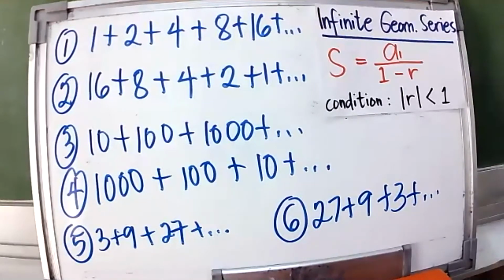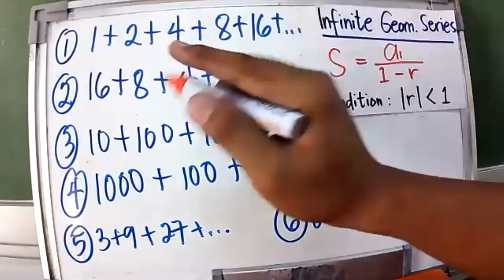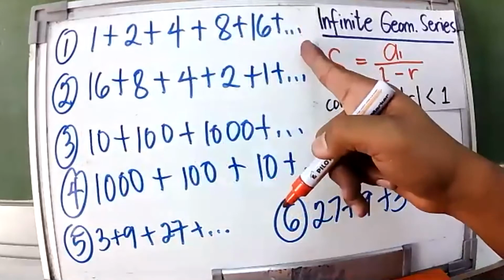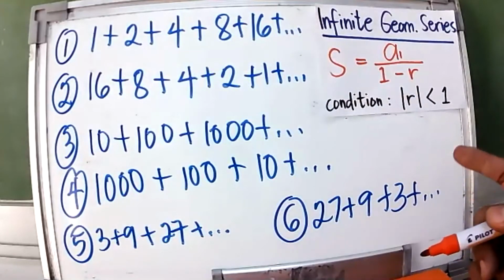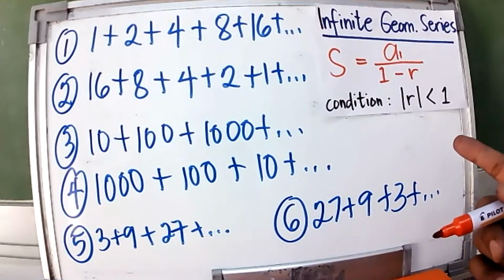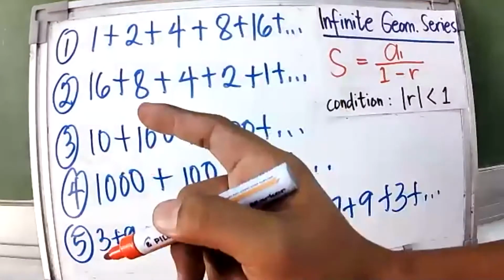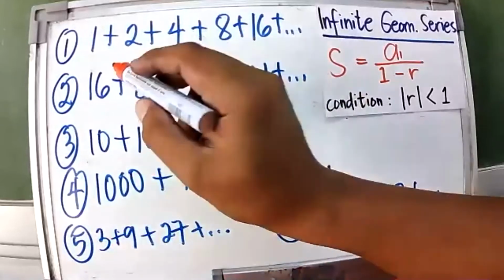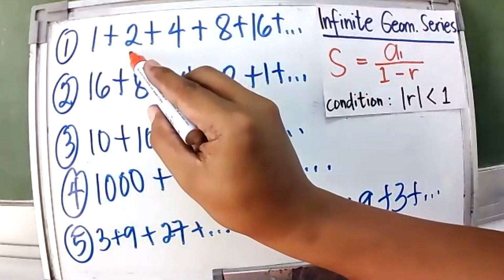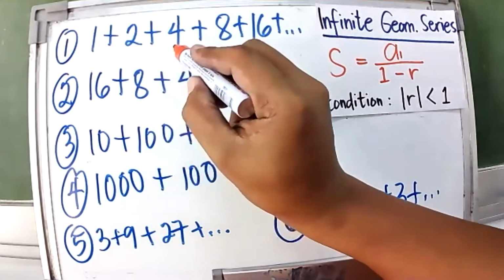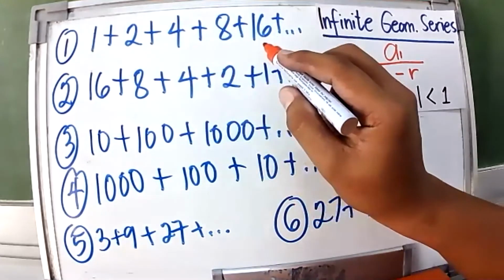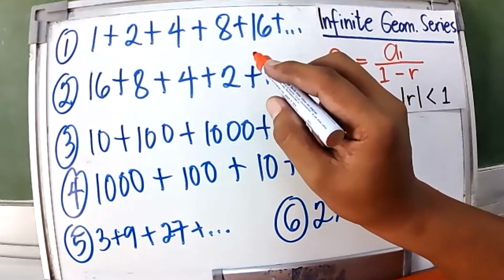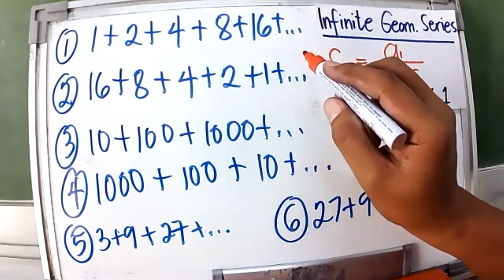Okay. Everybody, listen now. Listen very carefully. This is what we will do in identifying which has a sum and which doesn't have. Listen carefully and feel it. 1 plus 2, 3 plus 4, 7 plus 8, 15 plus 16, 31, so on and so forth.